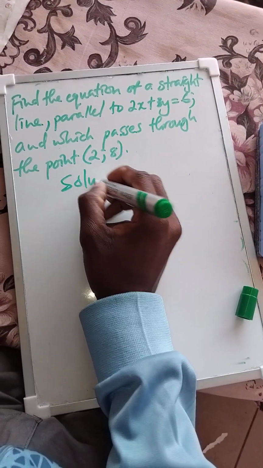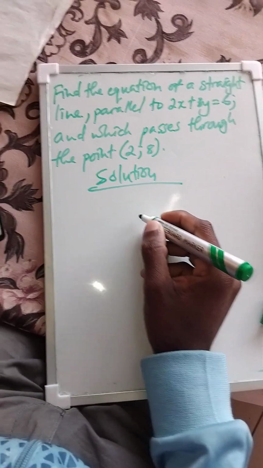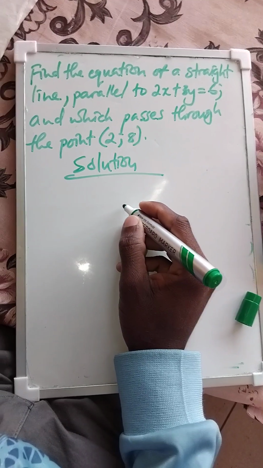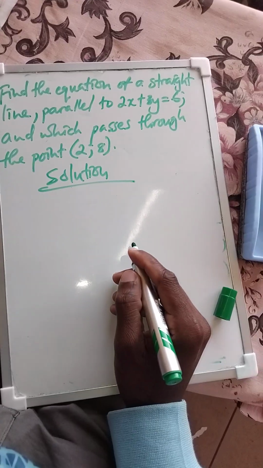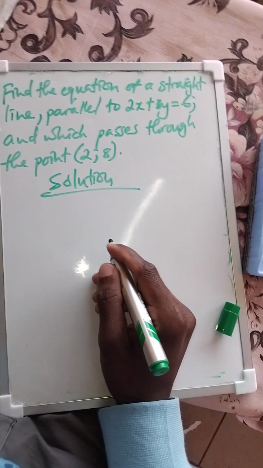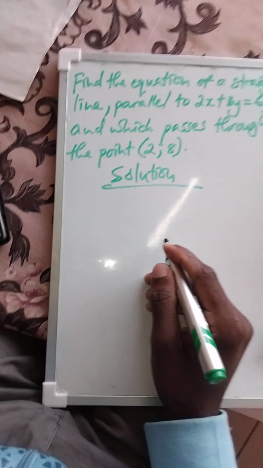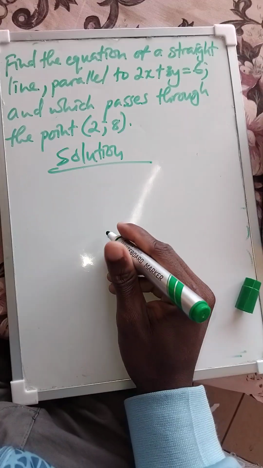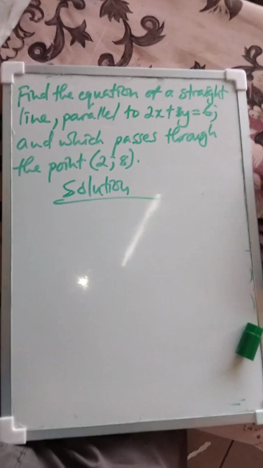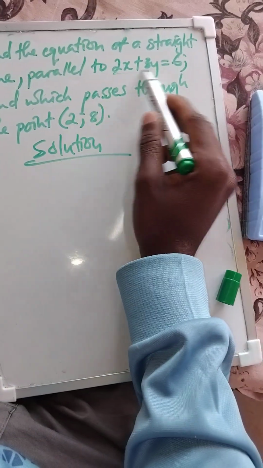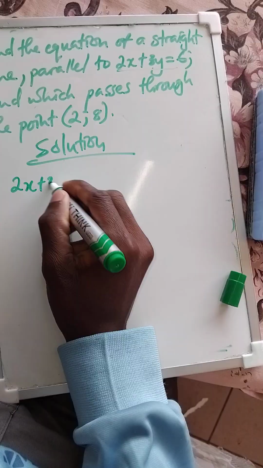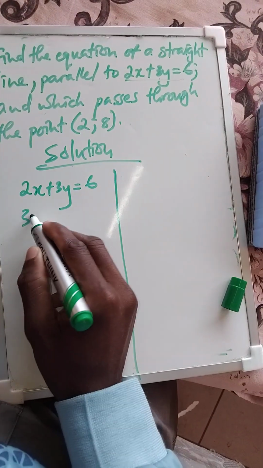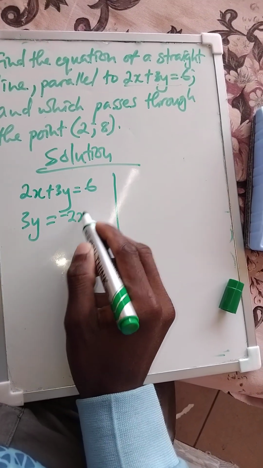Right, the solution. To find the equation of a straight line parallel, when lines are parallel the gradients are the same, and this line passes through the point (2, 8). First we find the gradient of this line: 2x plus 3y is equal to 6. Making y the subject of the formula, 3y is equal to negative 2x plus 6.